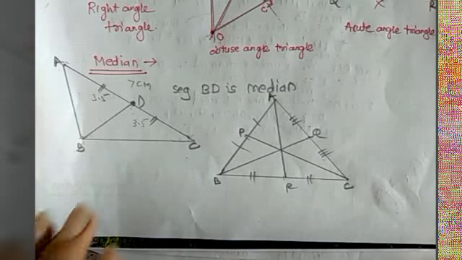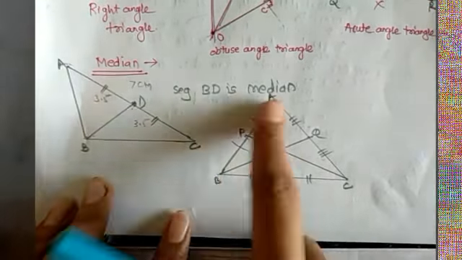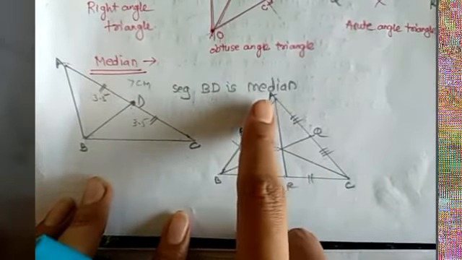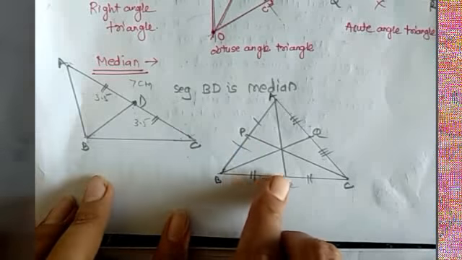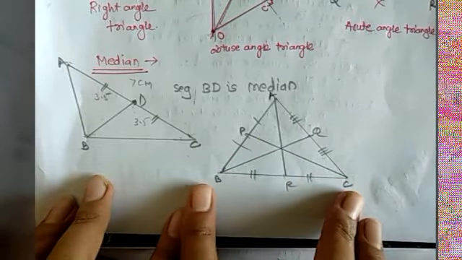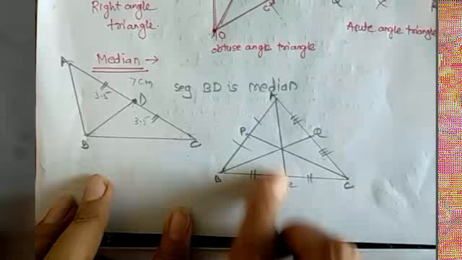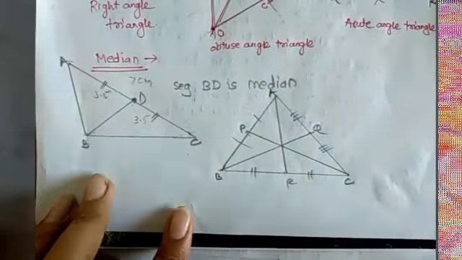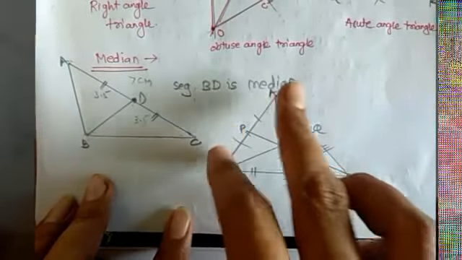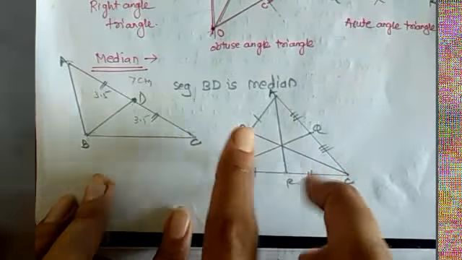If you draw the medians from all the vertices of triangle ABC, let's see here, R is a midpoint of BC, so AR is a median, Q is a midpoint of AC, so BQ is a median, and P is a midpoint of AB, so here CP is also a median.